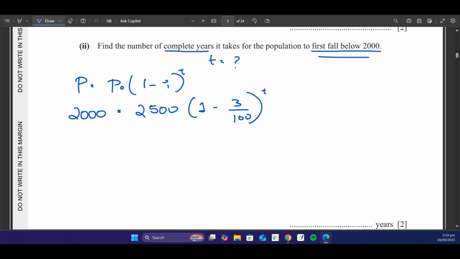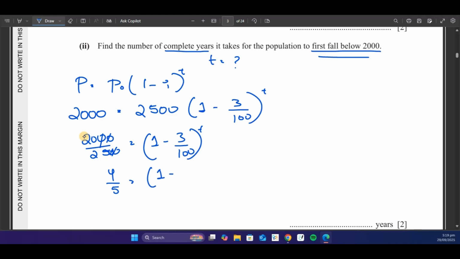So now we are simply going to solve. This is 2000 divided by 2500, which should give us 4 over 5, equals 1 minus 3 over 100, to the power of t.